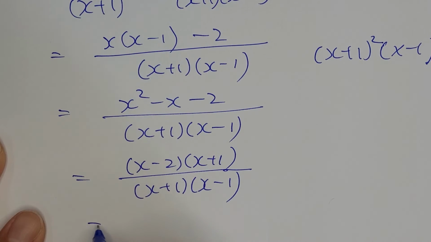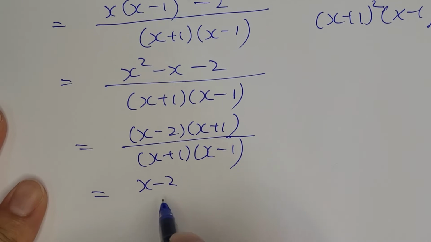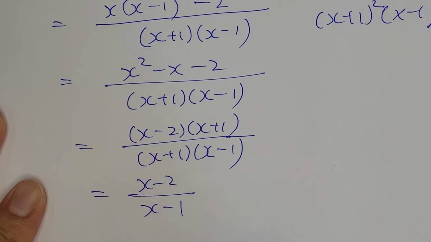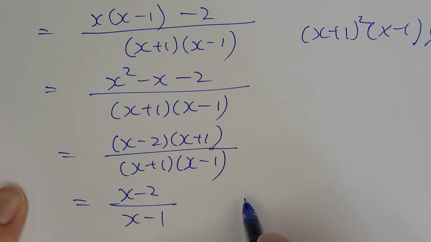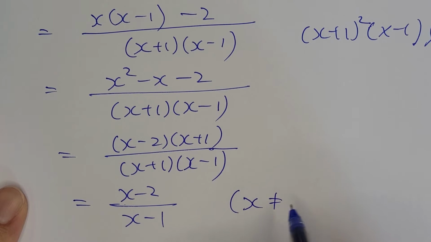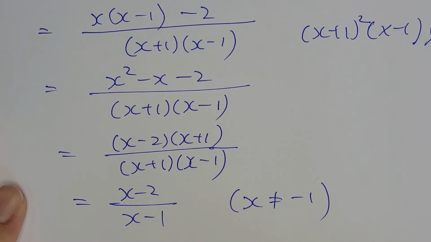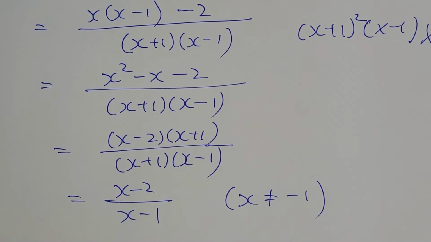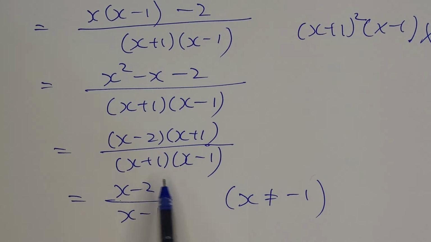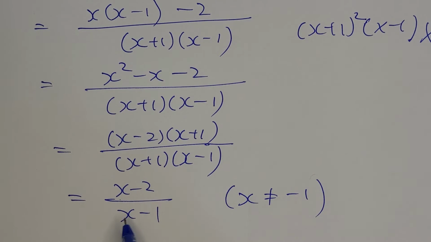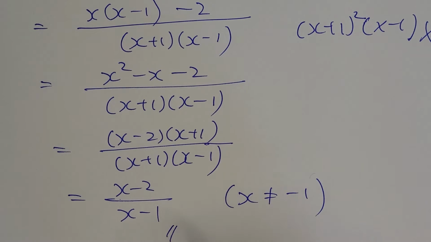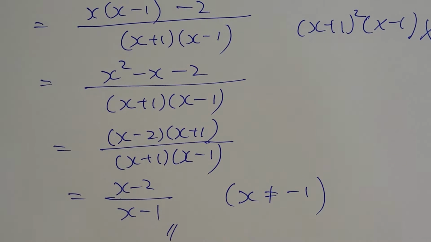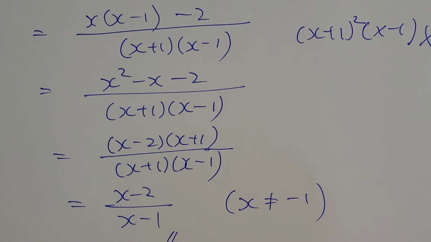It can be cancelled, and therefore you will get x minus 2 in the numerator, denominator x minus 1. In here, x is not equal to negative 1, to make the cancellation valid. Alright, and you cannot simplify this any further. So that is the final answer, x minus 2 over x minus 1. That's finished question number 6.